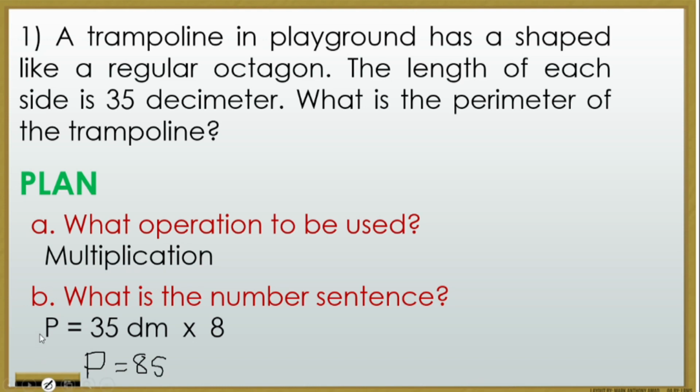So that would be the number sentence, because the problem involves a regular octagon and finding the perimeter. The formula in finding the perimeter of an octagon is P is equal to 8S, so 8 multiplied by side.